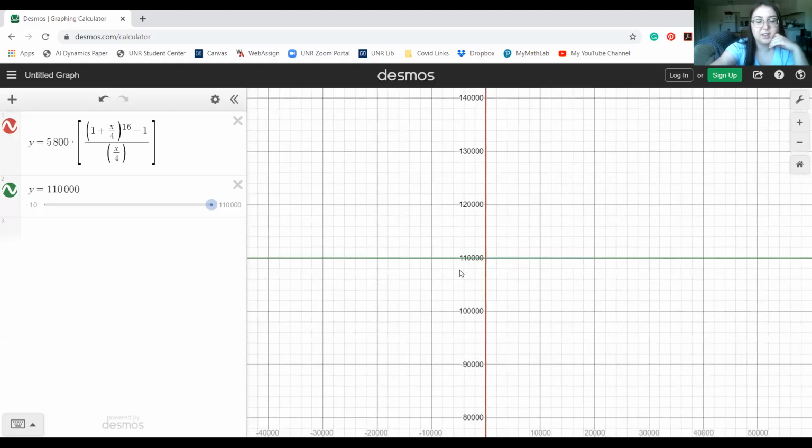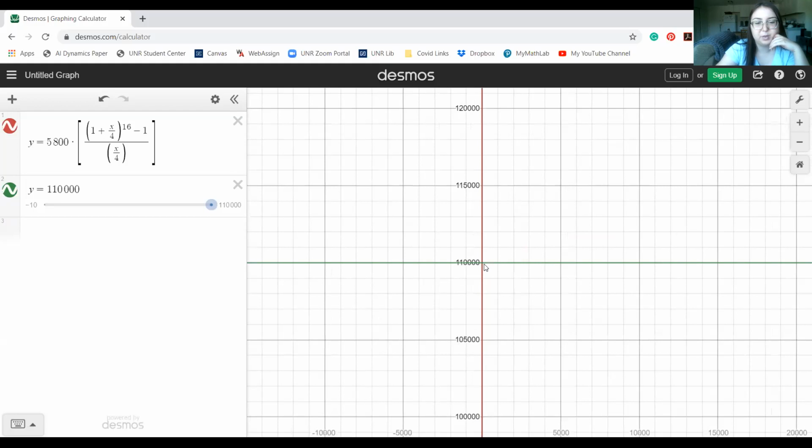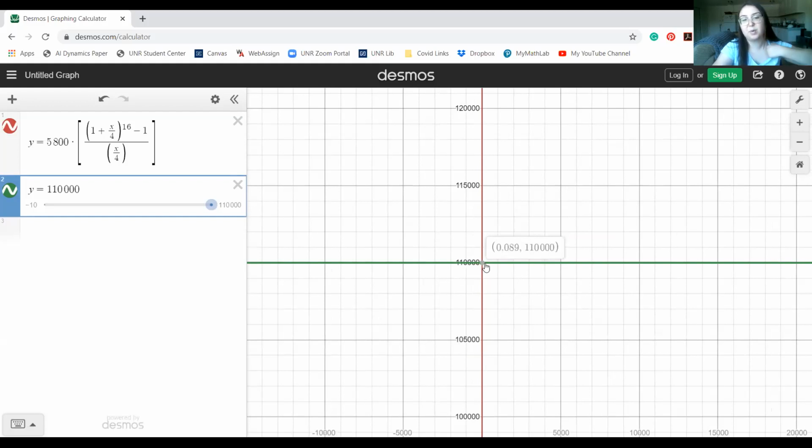It's going to take a while, and here we go. So here's the line that we have here. And if we just scroll over this point here, it's going to tell us 0, 1,100,000. And then if we kind of move over a little bit, it's going to tell us 0.089.